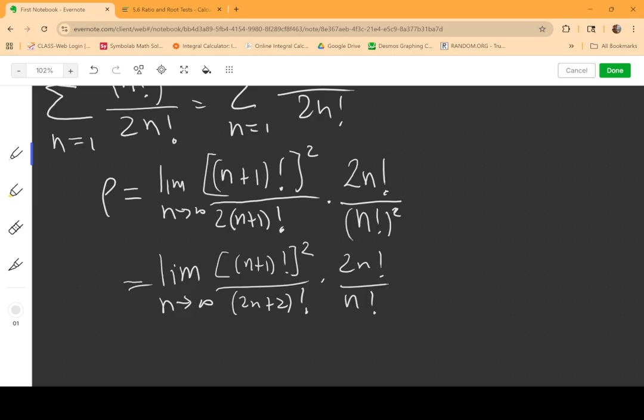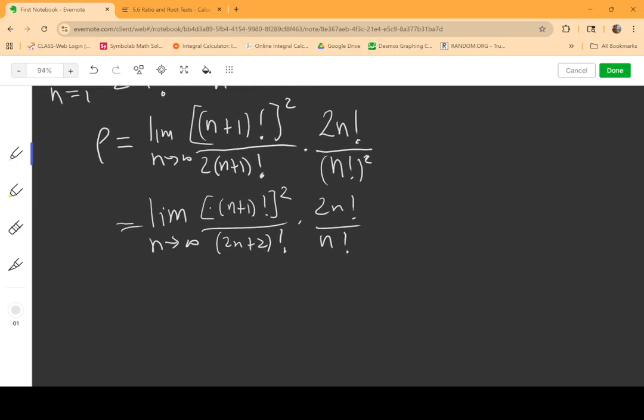So now I'm going to expand the first term here. The limit as n goes to infinity of (n plus 1) times n factorial, because that would be minus 1. (n plus 1) times minus 1 leaves me at n factorial, that whole quantity squared.